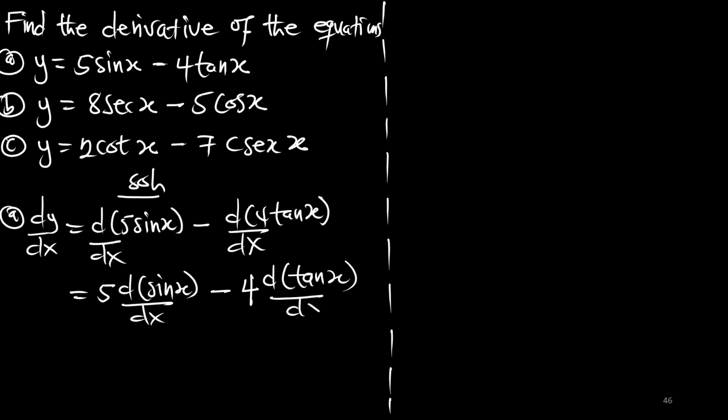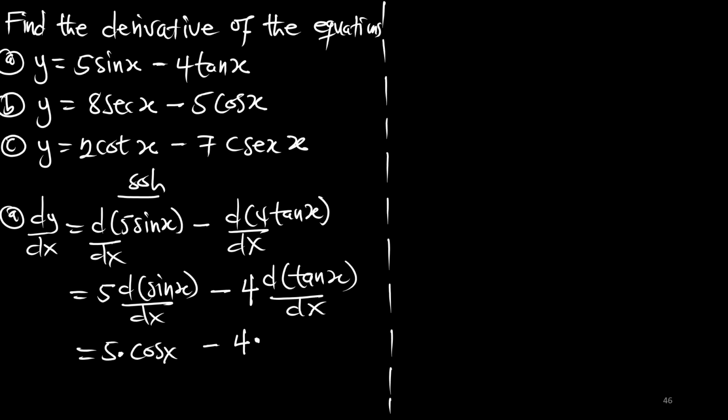Are we okay? Now, in the derivative of trig functions, if we differentiate sine x, we are going to get a positive cos x, right? So this is going to be 5 multiplying the derivative of sine x, that is positive cos x, minus 4 multiplying the derivative of tan x, that is sec square x.